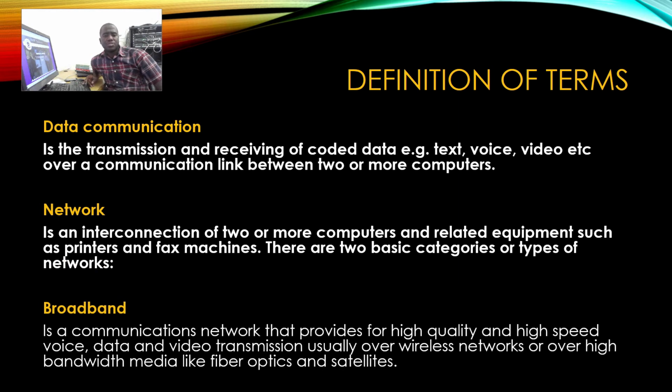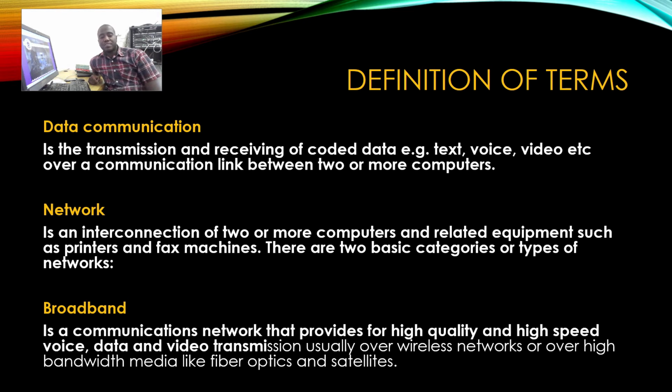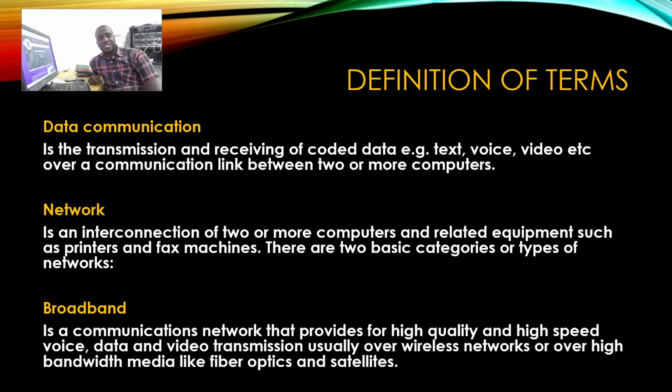Right, so the next thing that you're going to encounter is something called broadband. So basically, a broadband is a communication network that provides for a high quality and high speed voice, data, and video transmission, usually over a wireless network or over high bandwidth media like fiber optics or satellites. Or to make it simpler, a broadband is basically that which provides you with the link to transmit.